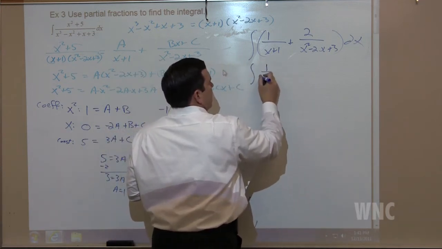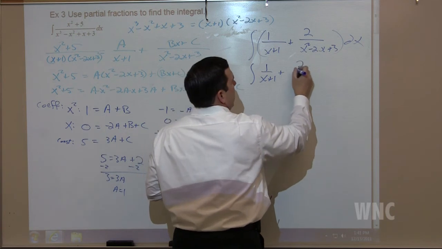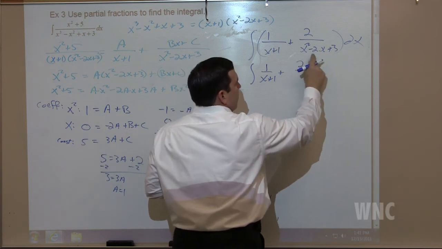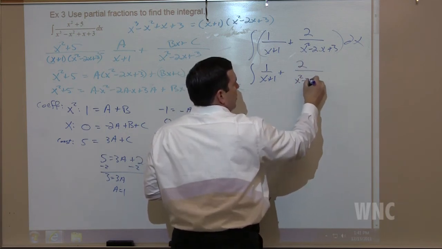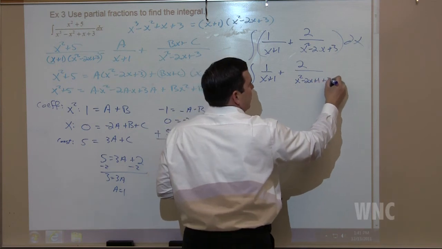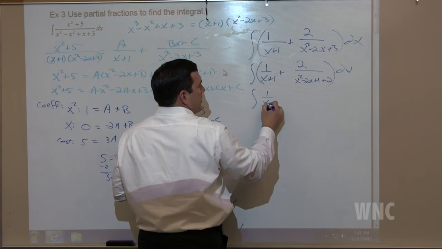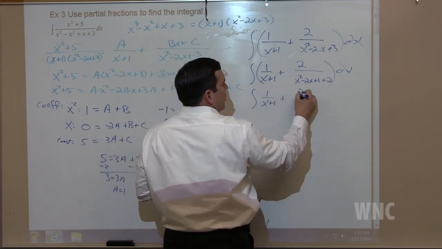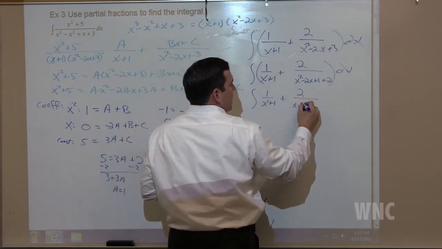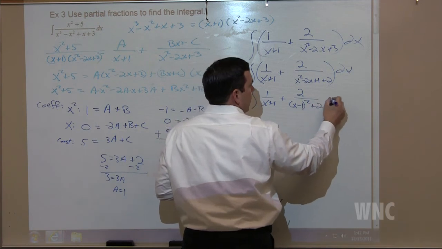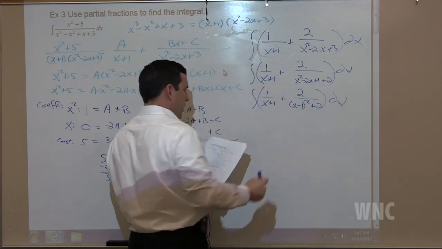Integral of 1 over x plus 1 plus 2 over, now I want to make this a perfect square. That'd be x squared minus 2x plus 1 plus 2. So we have the integral of 1 over x plus 1 plus 2 over x minus 1 squared plus 2. It's starting to look like an arctangent to me.